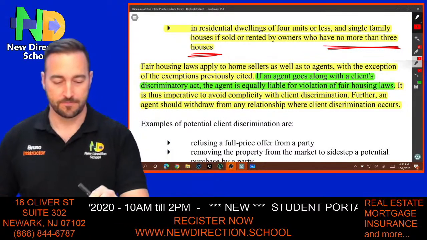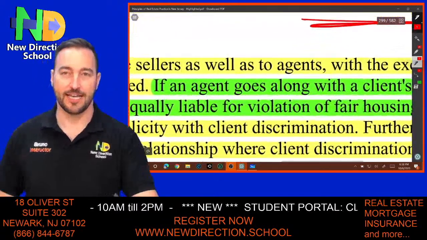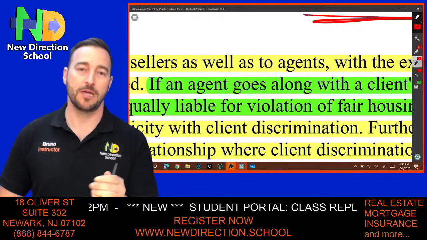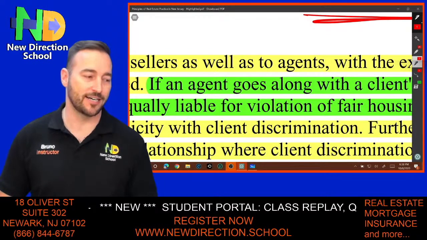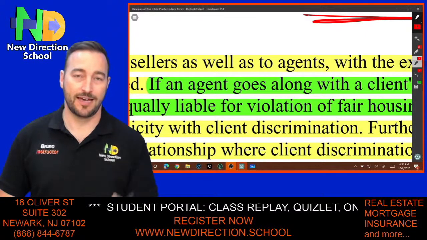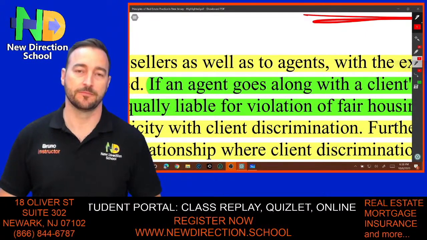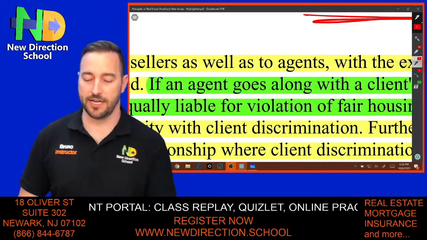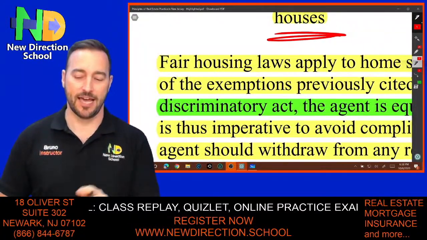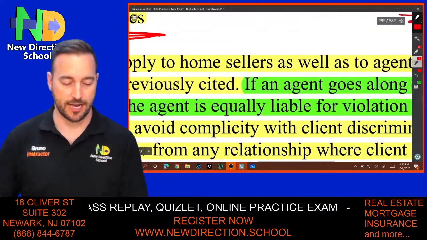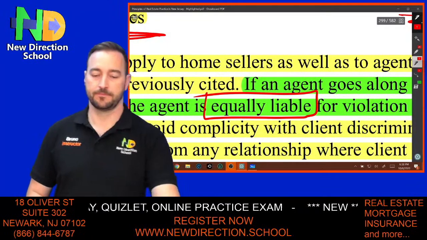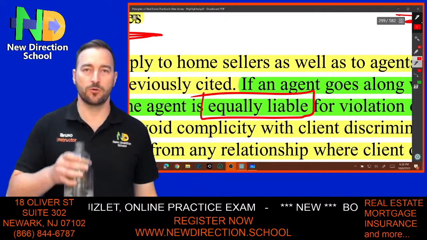But if an agent goes along, this is in green, so very important, maybe not for the state exam, it might show, might not, but in real life, acting as an agent, this will affect you. If an agent goes along with a client's discriminatory act, then the agent is equally liable for the violation.